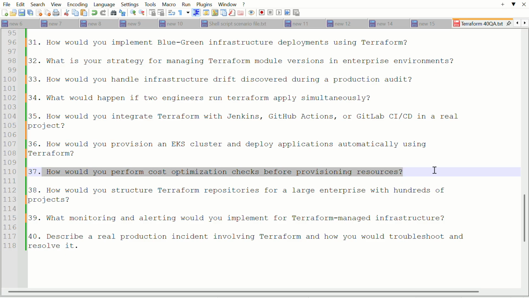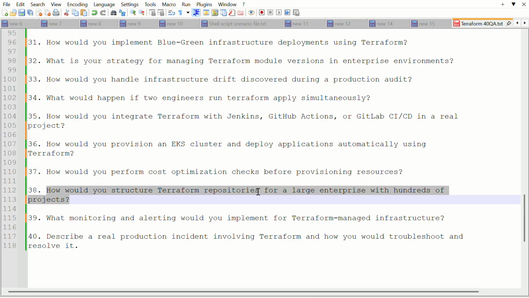This is the question. How would you structure Terraform repositories for a large enterprise with hundreds of projects? If there are hundreds of projects, how would you differentiate the Terraform repositories for each project? How would you identify each project with those names or repositories?